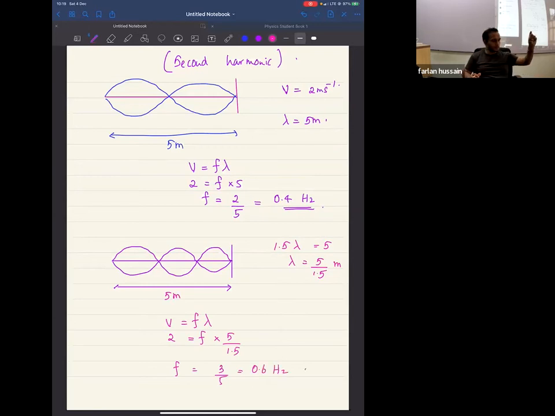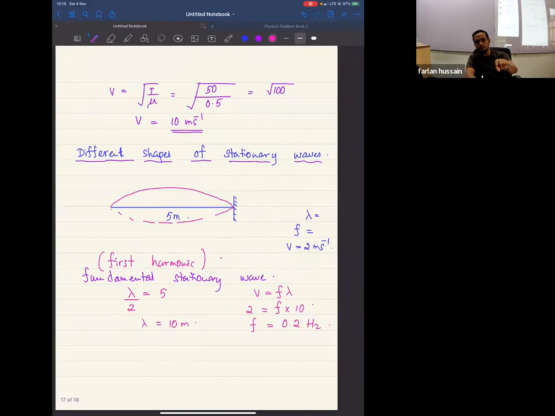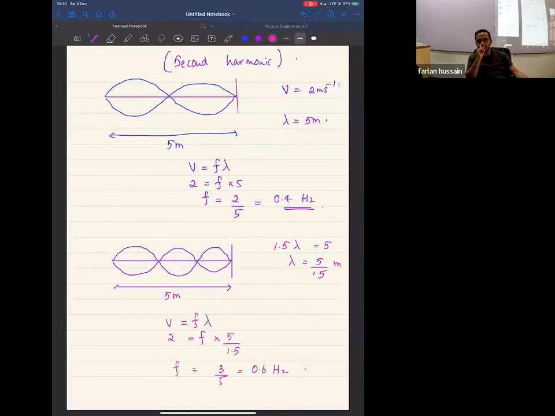So the initial frequency was 0.2 hertz. The next frequency was 0.4 hertz. The next frequency is 0.6 hertz. Do you see a pattern? People online, are you there? Can you hear me? Do you understand what we are doing here?